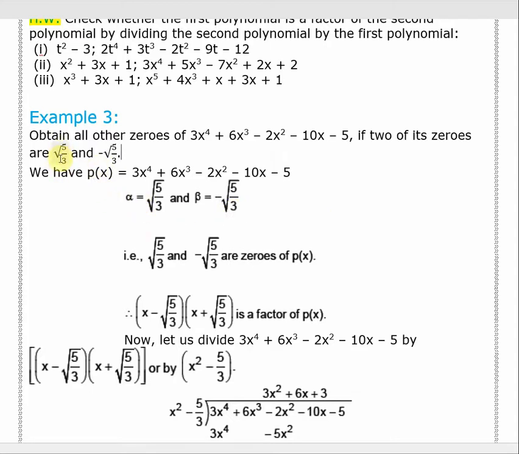Very easy. Let's say root 5 by 3 is alpha and minus root 5 by 3 is beta. Now since there are other two also, we have to find those other two. So alpha is root under 5 by 3 and beta is minus root under 5 by 3.